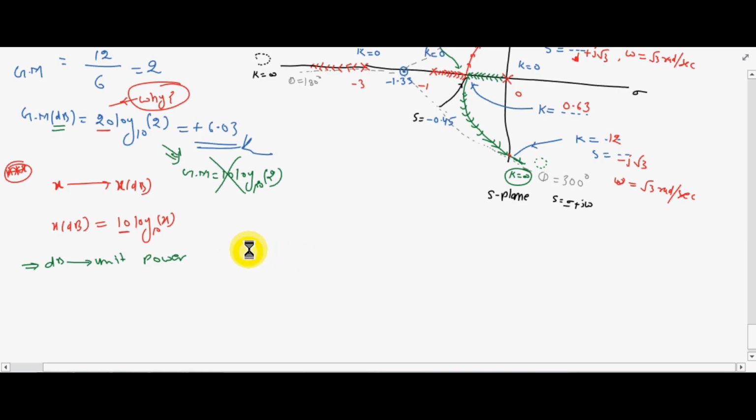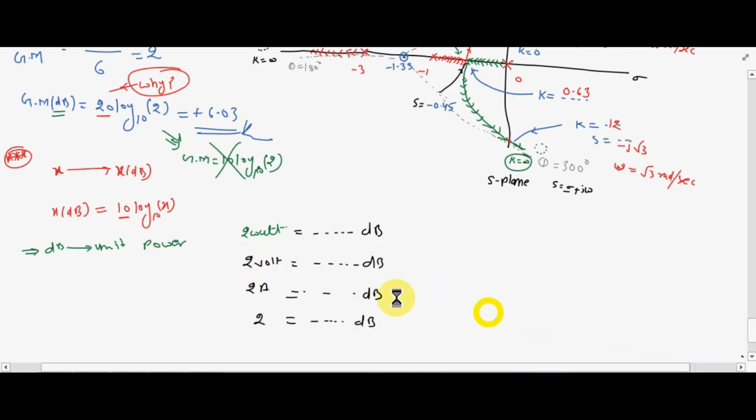If someone asks you to convert 2 watt into how many dB, or 2 volt is equal to how many dB, or 2 ampere is equal to how many dB, or someone says 2 is equal to how many dB. These are unitless quantities, while these have the unit ampere, volt, watt.